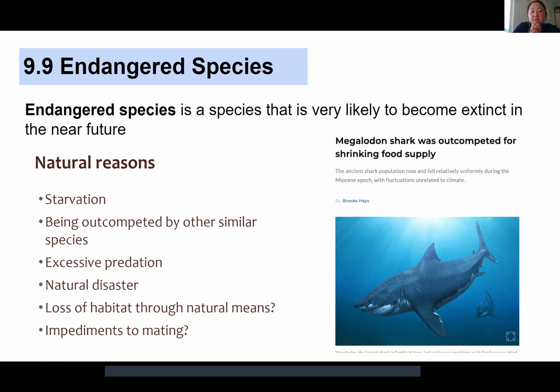Some natural reasons are starvation, being outcompeted by another species that maybe just mutated to become its own species, excessive predation, so maybe they have a lot of predators, natural disasters, loss of habitat through natural means, and impediments to mating. This is a picture of a megalodon shark that apparently was an ancient shark that existed, but it went extinct.